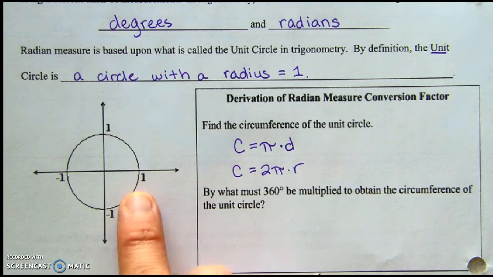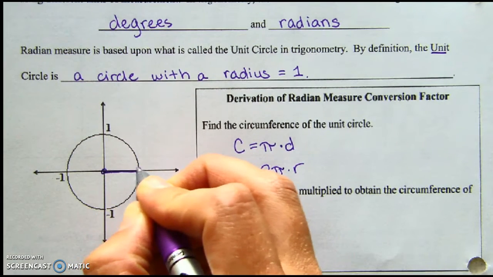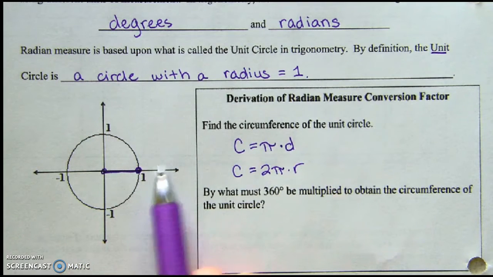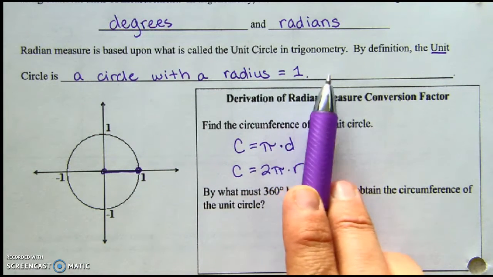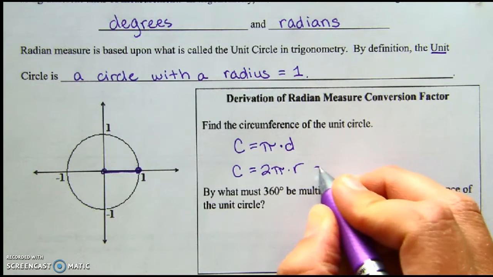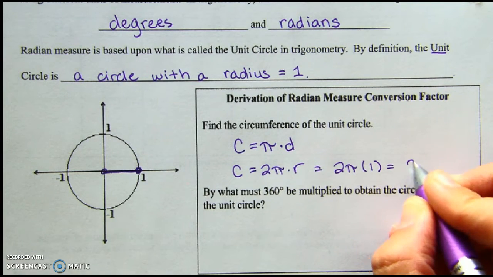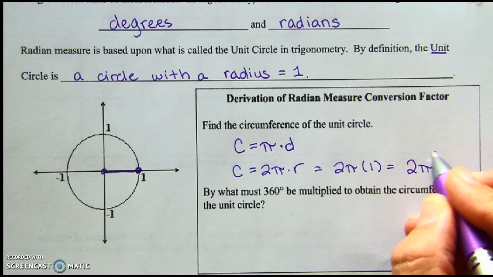What's the radius of the unit circle? From here to here is 1. Radius is equal to 1. So the circumference of the unit circle is 2 pi times 1, which is just 2 pi.